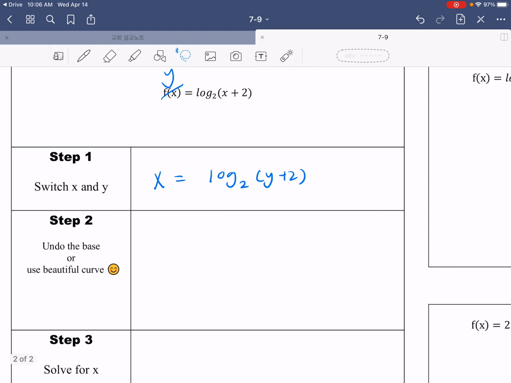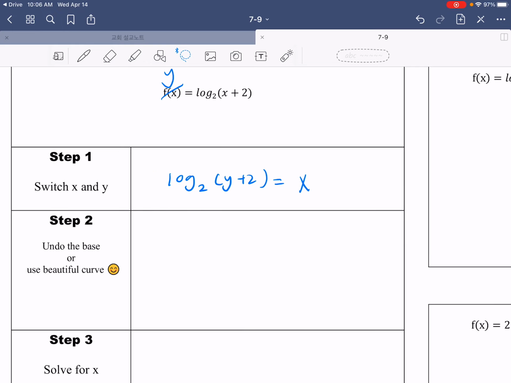Because this one looks complicated, let's switch. You know what? So what I'm gonna do is this. I'm gonna just switch it like that, okay?